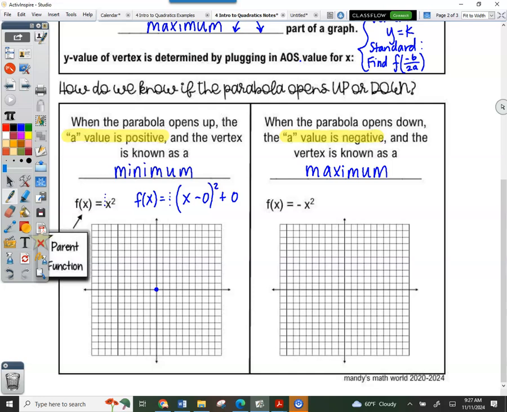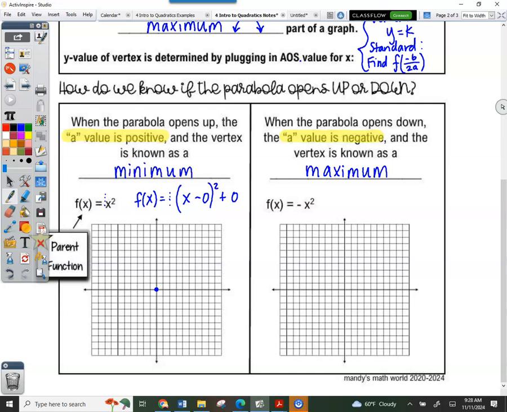If you subtract nothing, will anything change? Nope. What happens when you add 0? Nothing. So I just took the standard form and I rewrote it in vertex form to show you that the vertex is 0, 0, because there was nothing there.